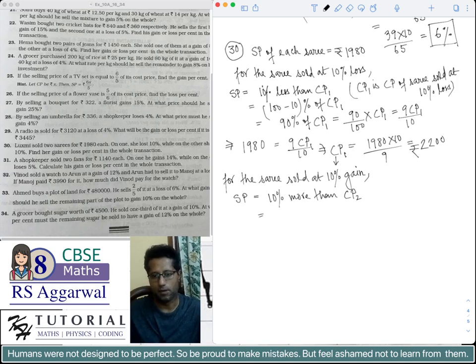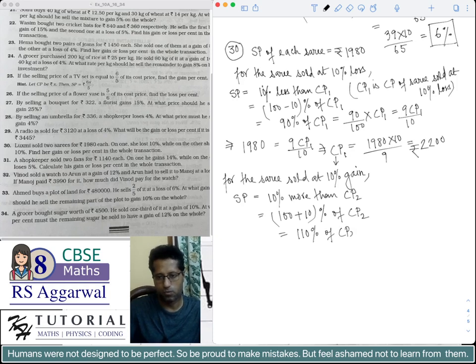This is equal to 10% more, which means 100 plus 10% of CP2. This is equal to 110% of CP2, which is equal to 110 divided by 100 multiplied by CP2. This is equal to 11 CP2 by 10. Now we know that the selling price of both the saris is 1980.